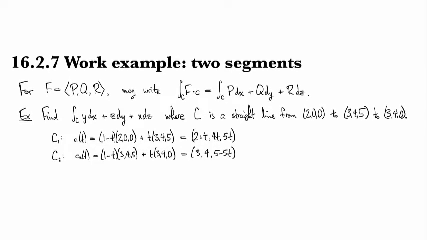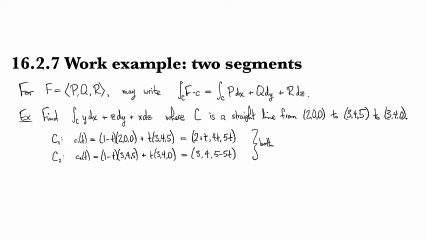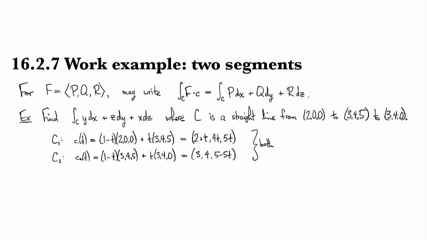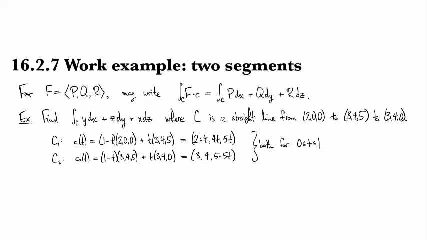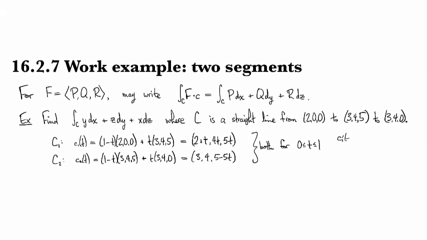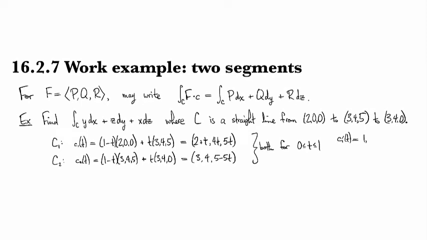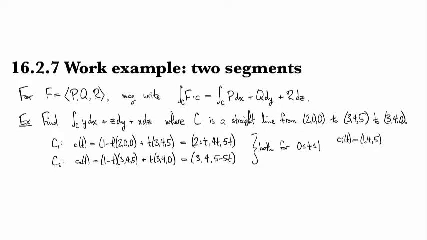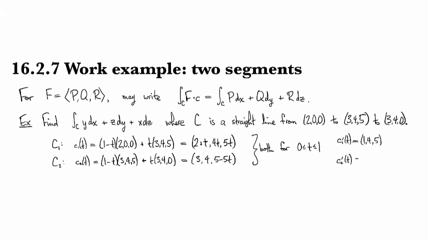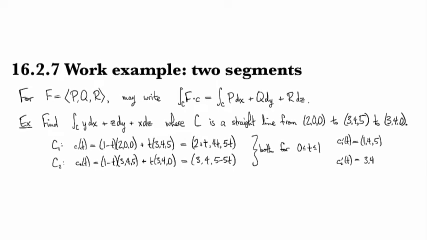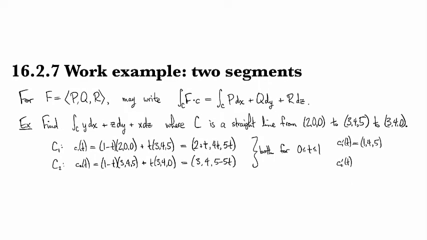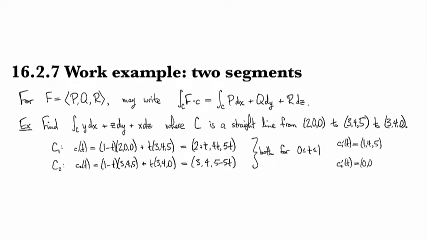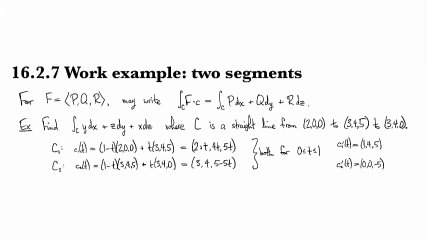And whenever we do this type of path, we know that you're going to get there in 1 unit of time, so this is both for t from 0 to 1. Okay, and I can write down my derivatives. C1 prime is going to be 1, 4, 5, and C2 prime is going to be 0, 0, minus 5.